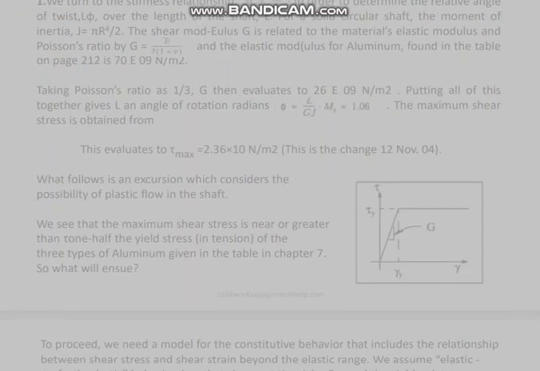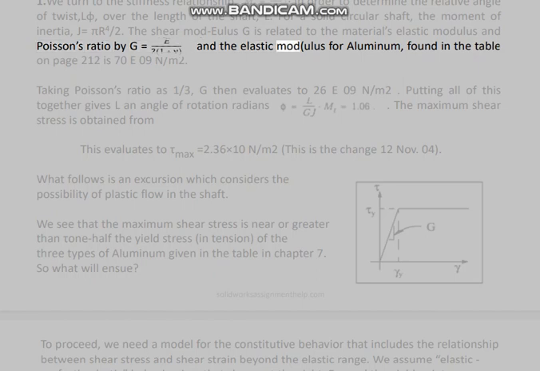1. We turn to the stiffness relationship in order to determine the relative angle of twist, Δφ, over the length of the shaft, L. For a solid circular shaft, the polar moment of inertia J is equal to πr⁴/2. The shear modulus G is related to the material's elastic modulus and Poisson's ratio by G = E/(2(1+ν)).